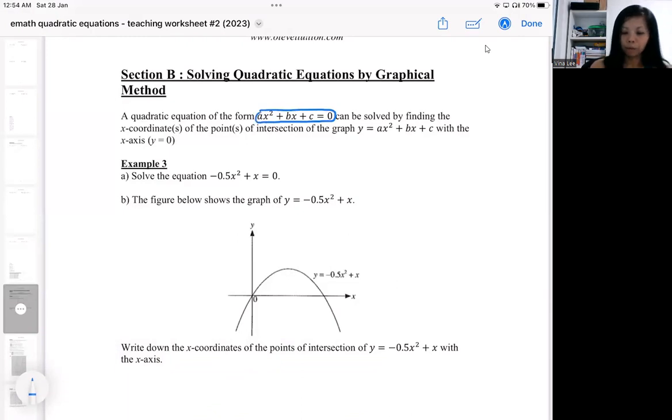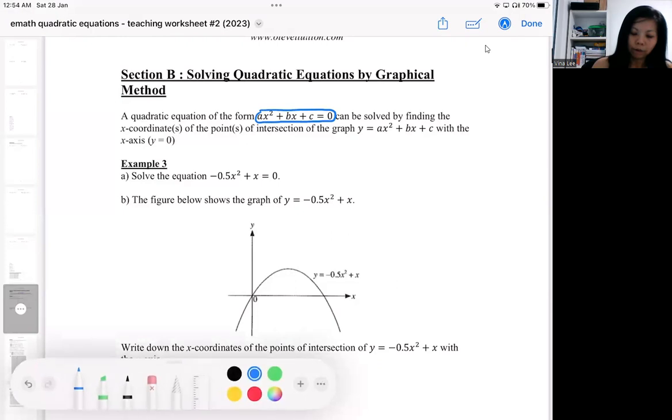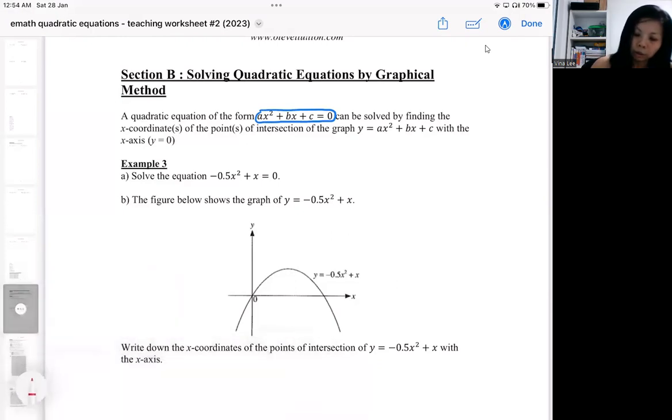So how can you find it from the graph? You make this part into a graph. And then the answers are actually the x coordinates on the x-axis.